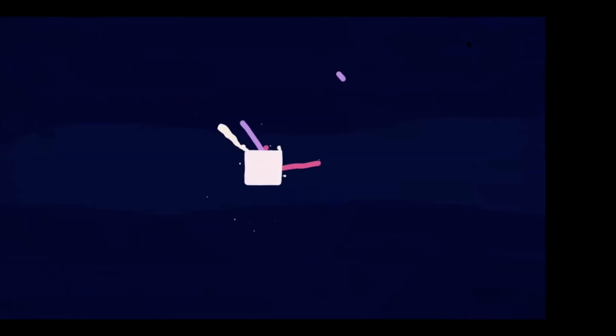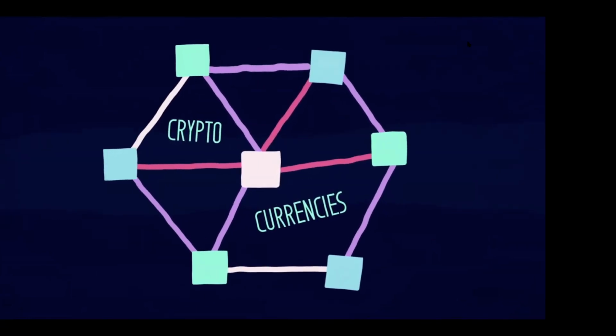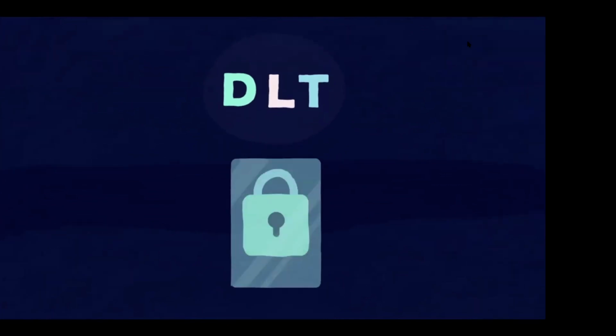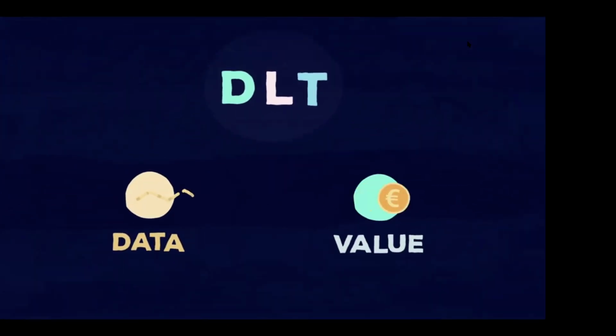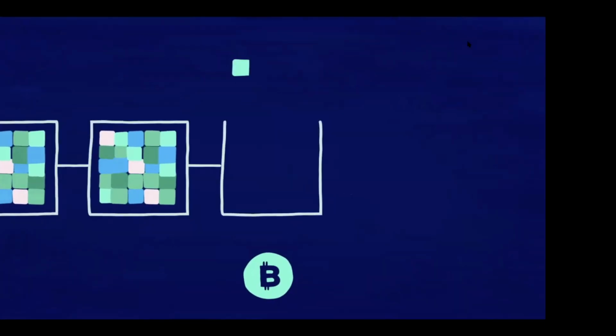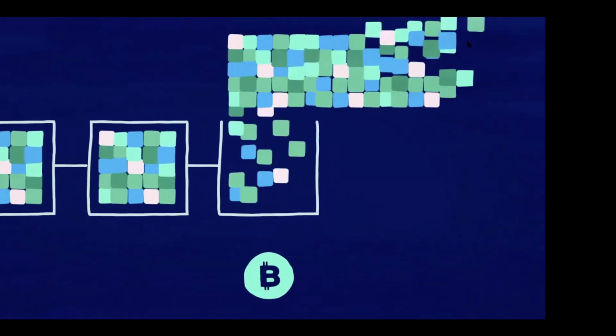Luckily, there's a new kid on the block: cryptocurrencies. These are way more suitable thanks to the underlying distributed ledger technology, or more simply, DLT. It is secure, transparent, and peer-to-peer, and supports both data and value transactions. The best-known DLT application is Bitcoin, but because of limitations in its technology, it's not really suitable either.